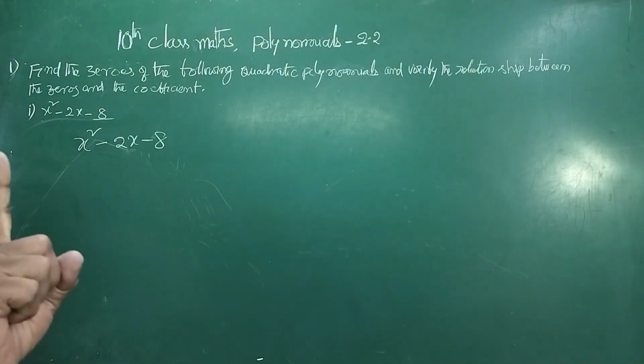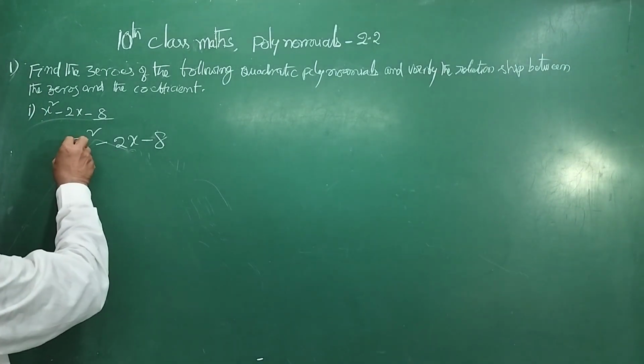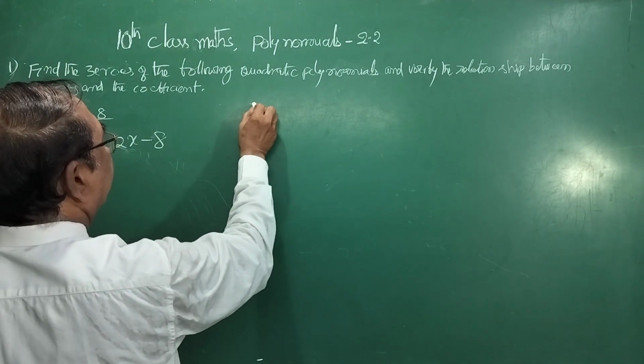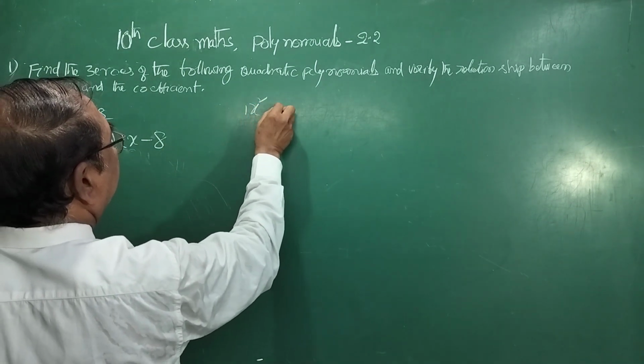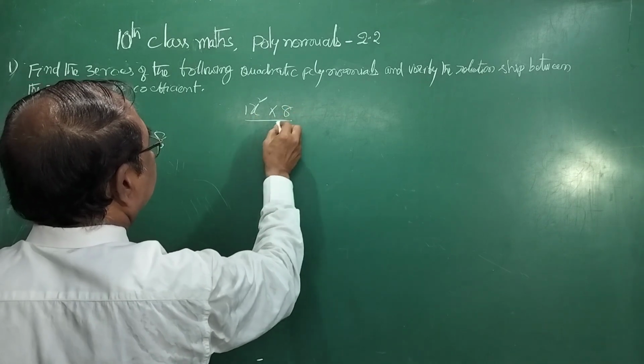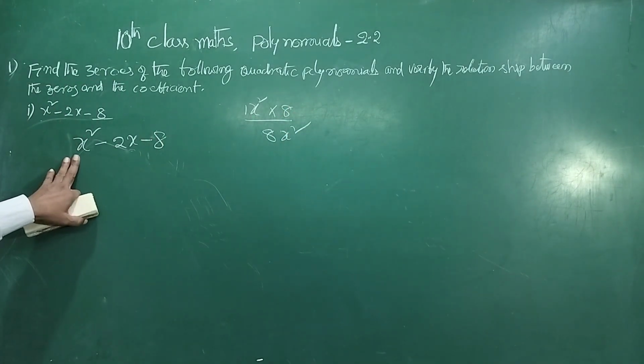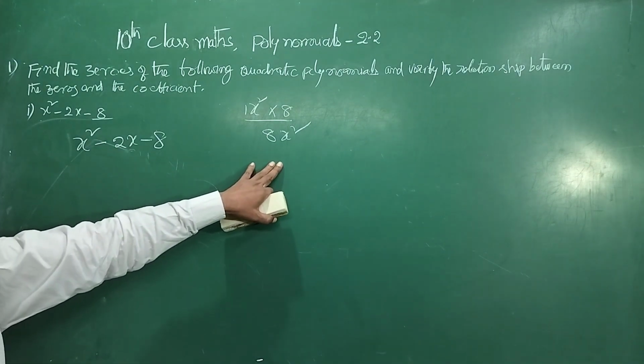Nothing is there, means only 1x square. That means 1 into 8 is 8x square. We multiplied the first term and the last term.